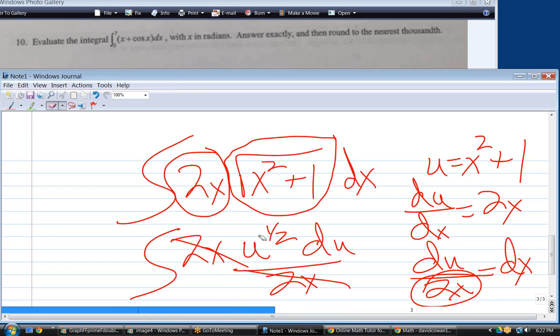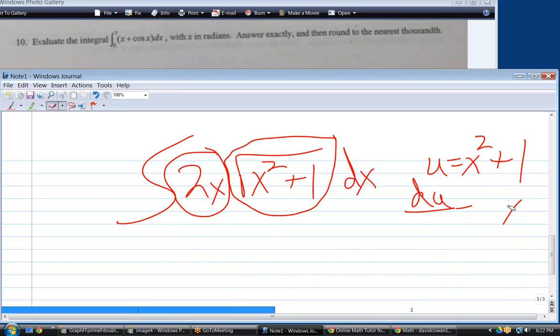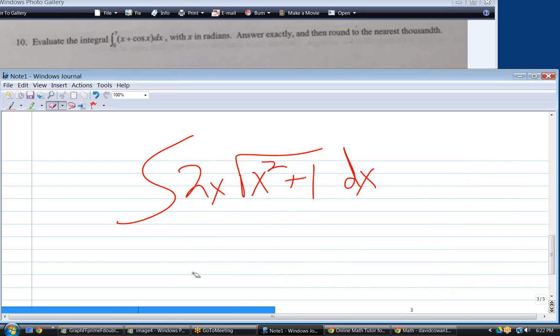But one thing, in a lot of classes they will not even teach this problem as u substitution. They'll say you use the power rule here.